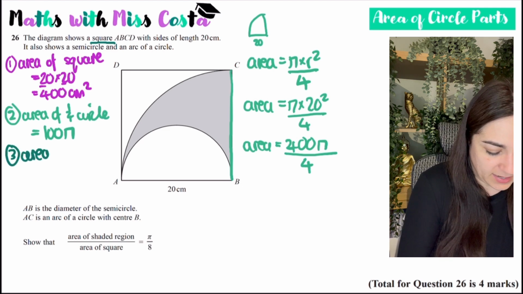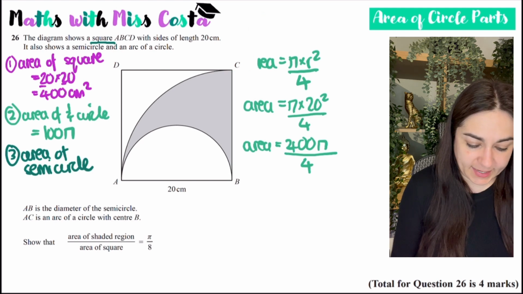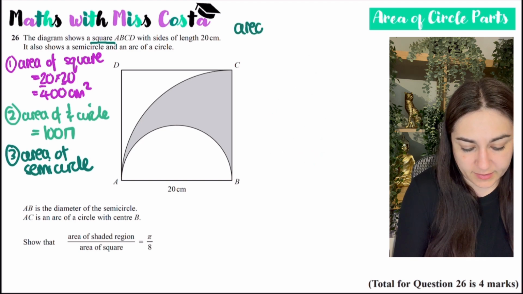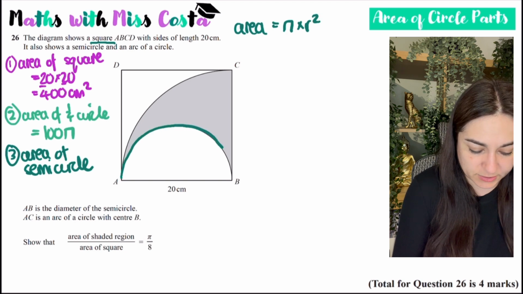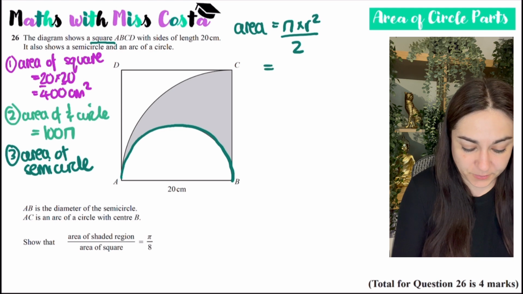Then we can work out the area of the semicircle. So once again, how do you work out the area of a circle? Area is pi times radius squared, but this is a semicircle, which means half a circle. So I'm going to do pi times radius squared divided by 2.